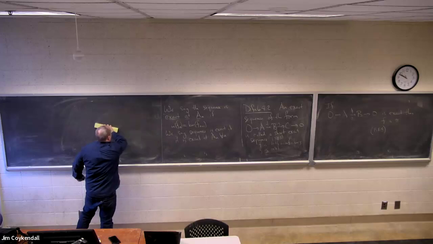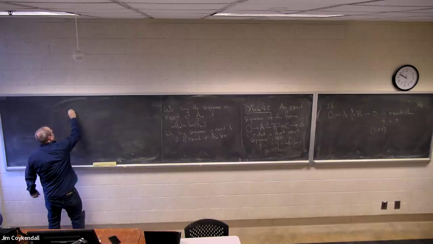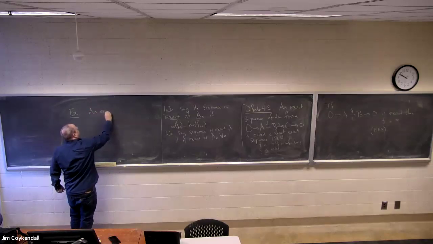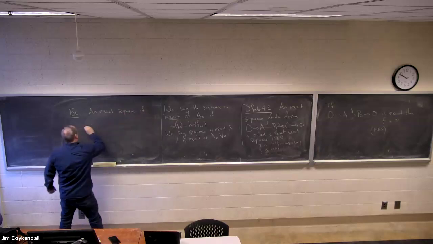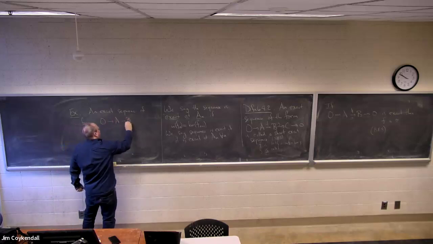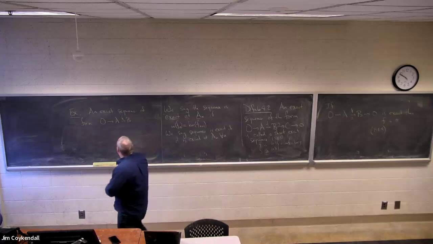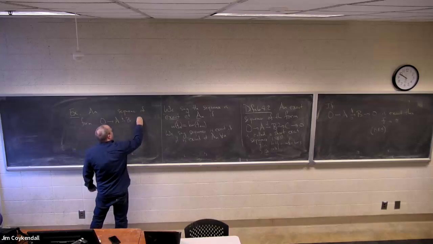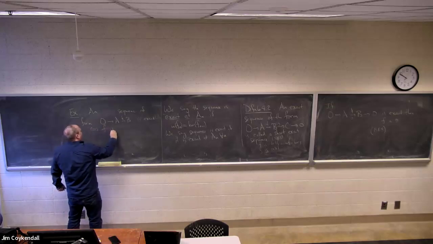Sometimes people, especially in homological algebra, say this: a sequence of the form 0, A, B is exact if and only if F is 1-to-1.